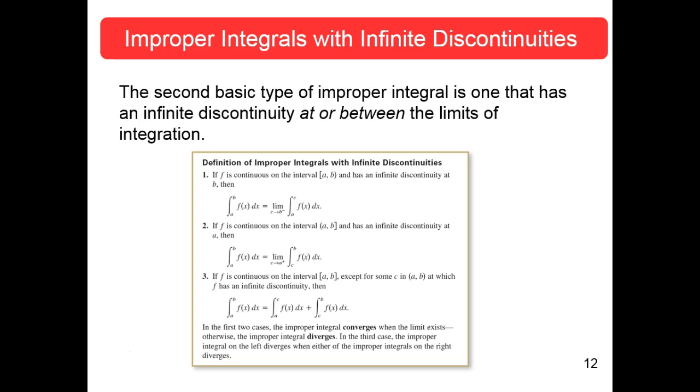Well, a to c would be exactly this one, and c to b would be exactly that one. So you do the limits as you integrate this function from a to c, and then let c approach b from the left. Evaluate this one, let c approach a from the right.